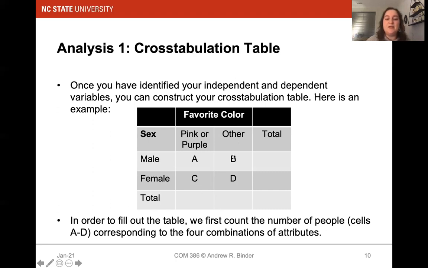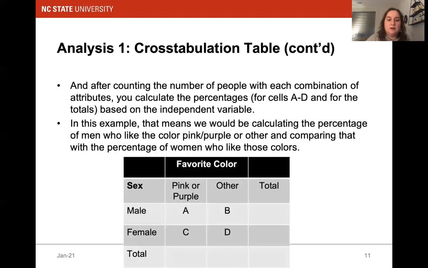And then B is male identifying participants picking other. D is female identifying participants picking other as well. So that's just kind of what these look like. And then down at the bottom, you have that total section. So that's kind of where you can, and on the side, count everything up.